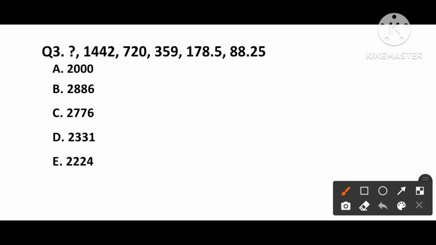Here I see a pattern of half minus 1. Half times means 721, 721 minus 1. So into half minus 1. Next one into half times which will be 360. 360 minus 1 which will be 359. Into half times which will be 179.5, minus 1, 178.5.